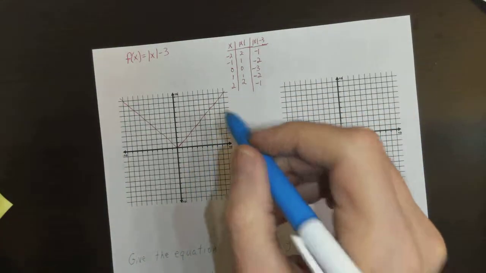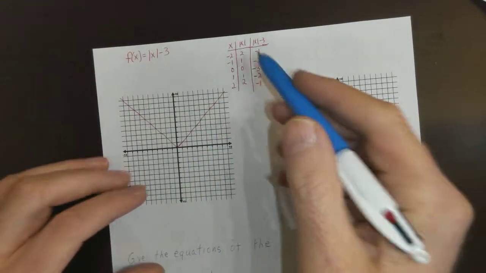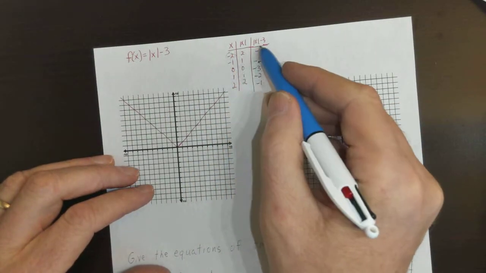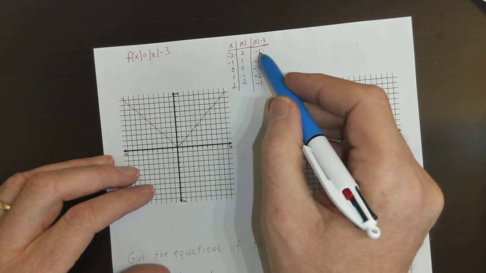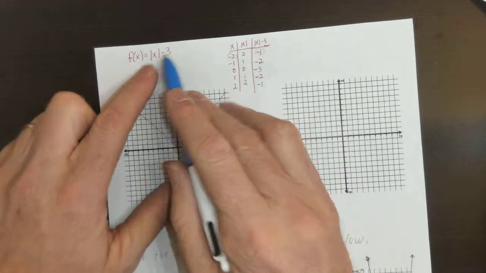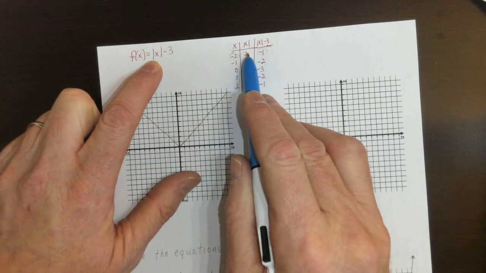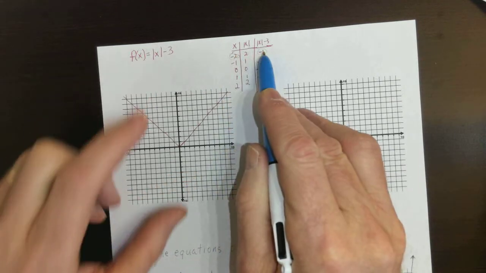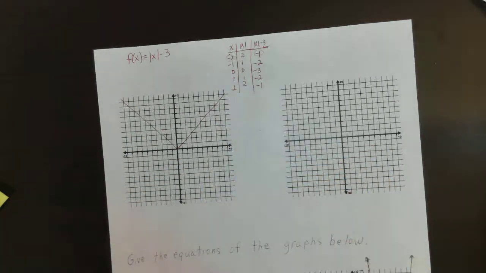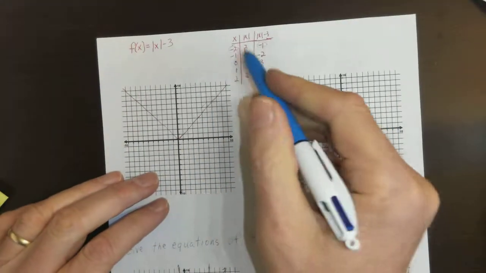Okay, so let's just look at where that puts us. This is still my x. This is my new y, though. I just took all these absolute value of x's and subtracted 3 to get this column. Here's my x coordinate, here's my new y coordinate. I'm going to change colors. This is going to go green here.